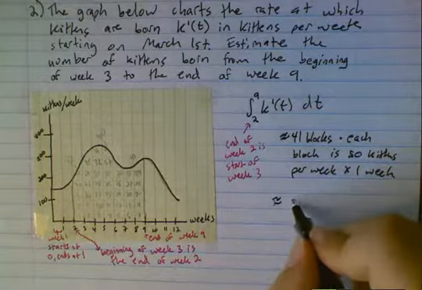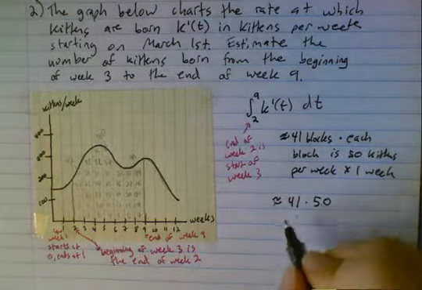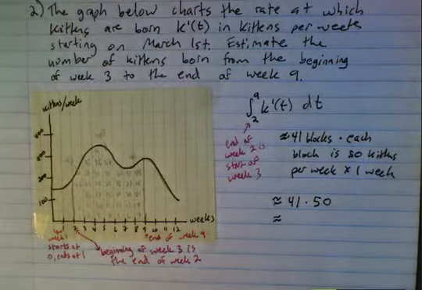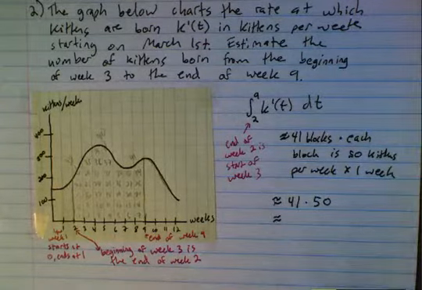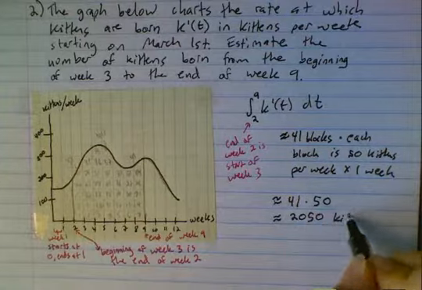So that means we've got approximately 41 times 50, or approximately 2,050 kittens.